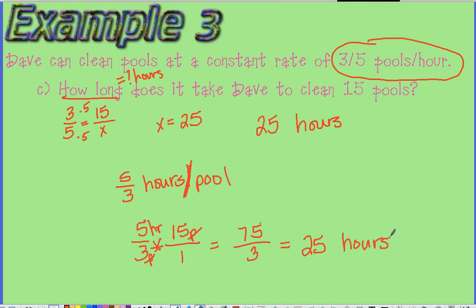Okay. So when you're looking at how do I multiply a rate, really the basic rule is, whatever you want, so if I want pools, I need the rate to have that on bottom. So I'm going to type this so it goes a little faster and it's a little neater.